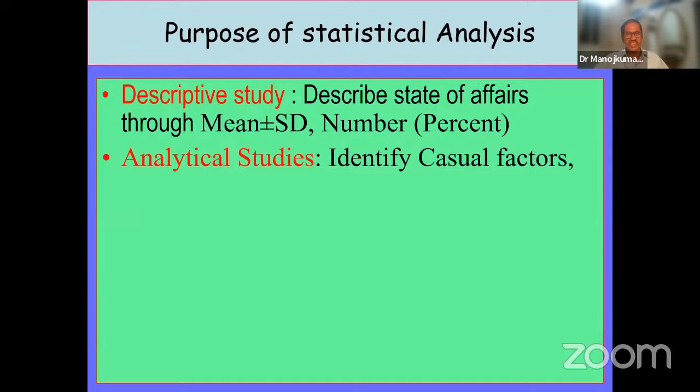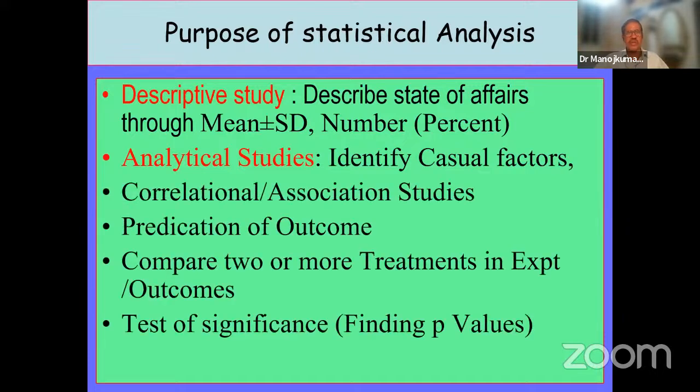If it is an analytical study, based on our observation, we may go for a correlation study, or we may go for an association study between two categorical variables using the chi-square test. We may go for prediction of outcome using regression. We may compare two or more treatment outcomes using the student t-test.